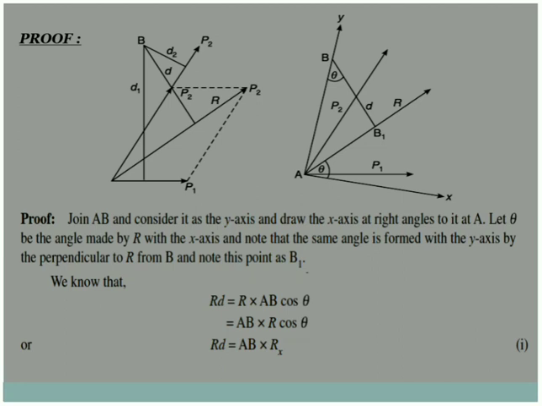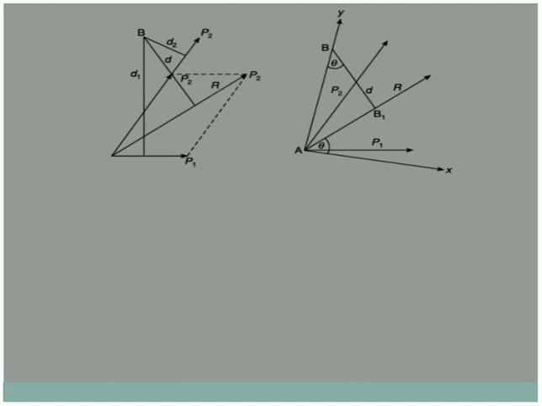Next we interchange the terms and get R cos theta, which is nothing but the x component of the resultant. So we can write RD as AB into Rx. For your reference, in the next view also I have kept the figures.